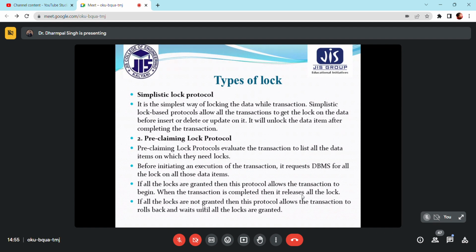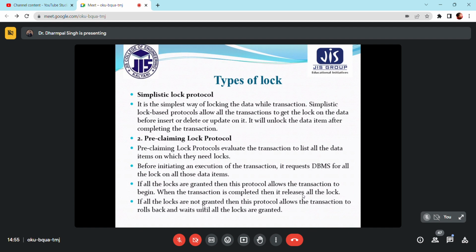Pre-claiming says that if I want to go for an operation and five data items will be required, first I acquire the five data items and then perform the operation. This is also not applicable, because we don't know how many items will be required by a transaction.